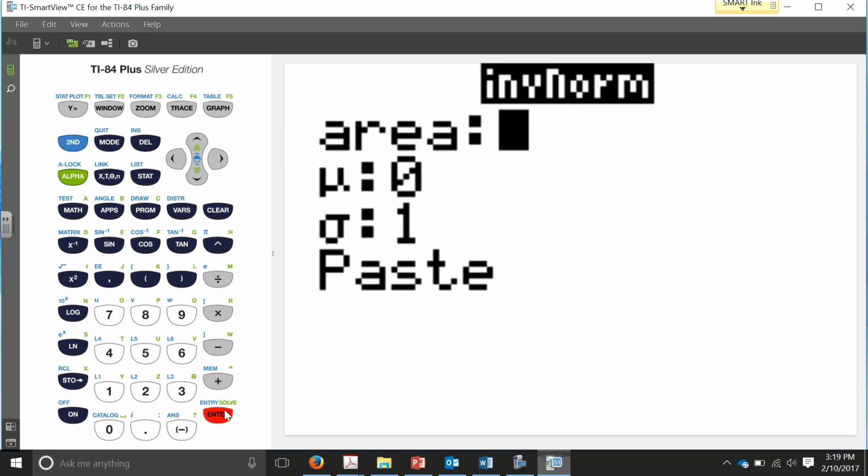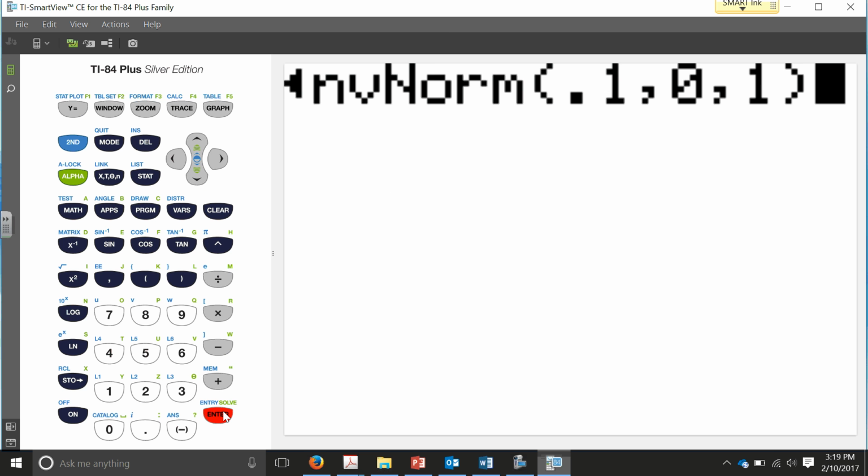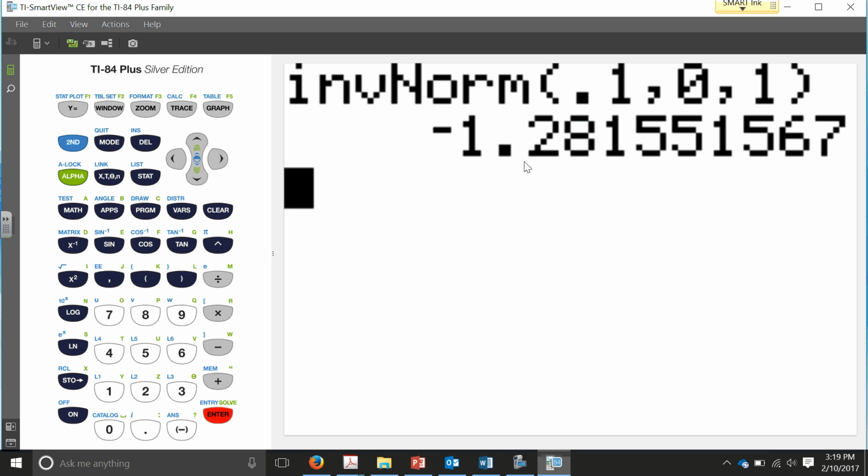And if you're looking for the area being 0.1, in other words, 10% to the left of that critical value, since this is a z star, the mean is 0 and the standard deviation is 1. So I can leave those defaults there. And you'll see I get negative 1.28155, etc. And that's very close to the negative 1.28 that we estimated from the z table.